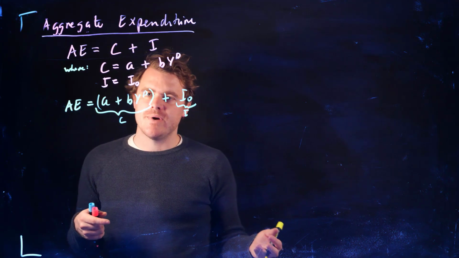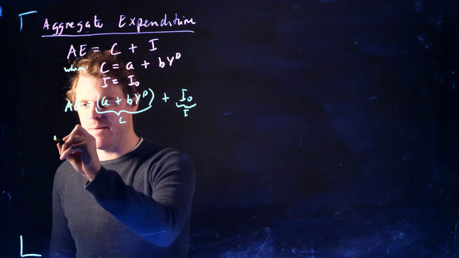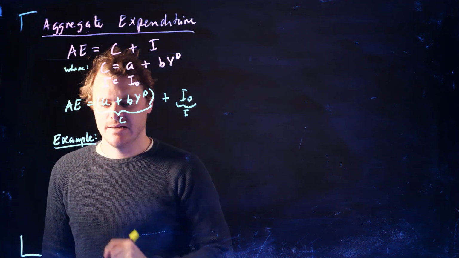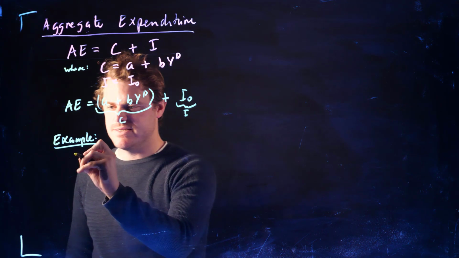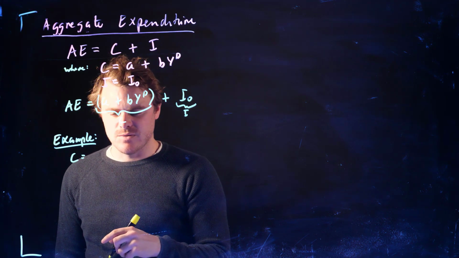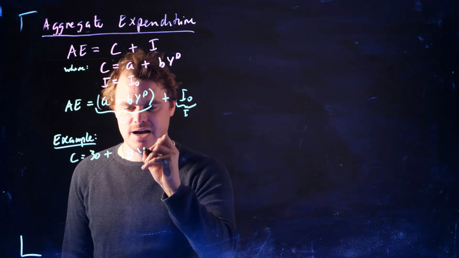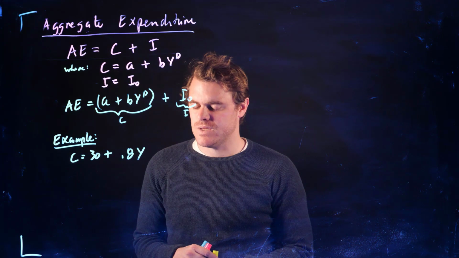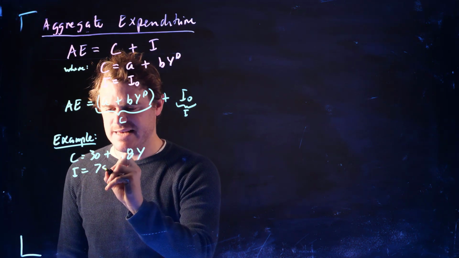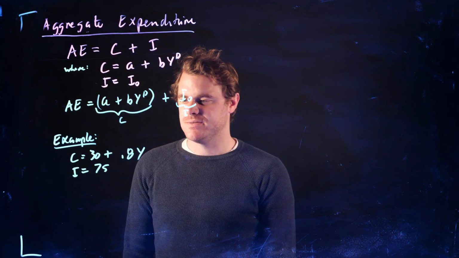All right, so let's think about what this looks like. Let's maybe do an example. Let's say that consumption, this functional form, equals 30 plus 0.8 times y. And let's think about investment being equal to 75. That's what I0 is.